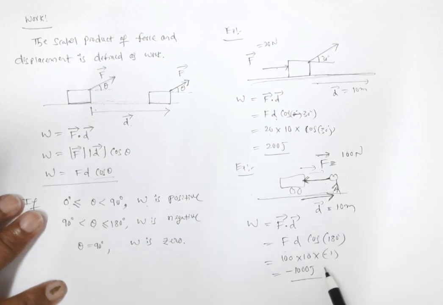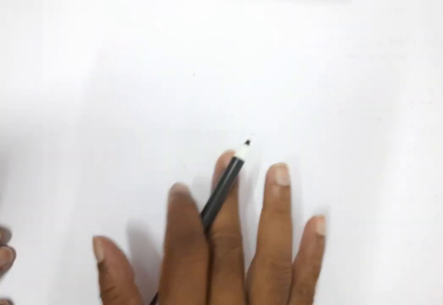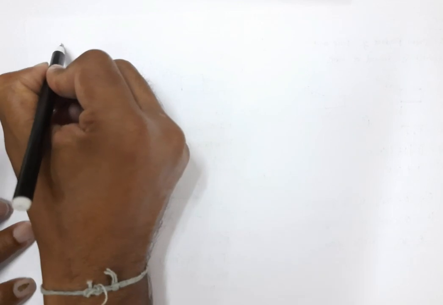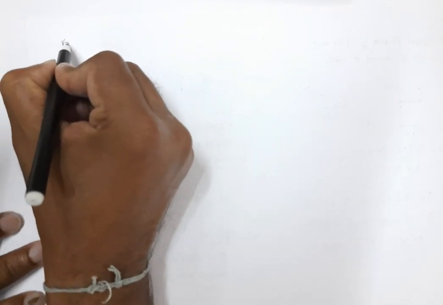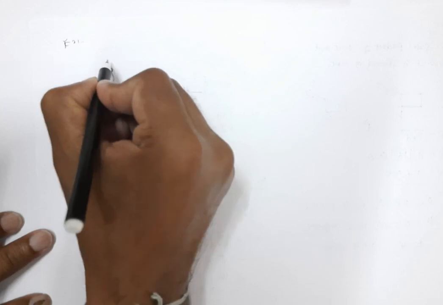In this case, work done is 0. And we can also take one more example. Suppose you are here, this is the ground we have, and you are holding a 100 Newton object.